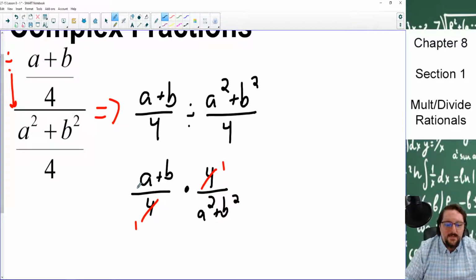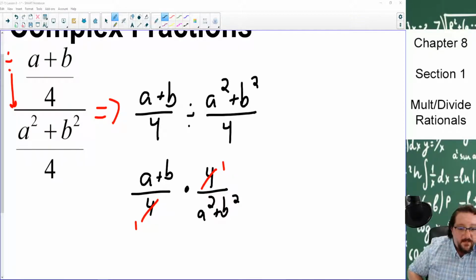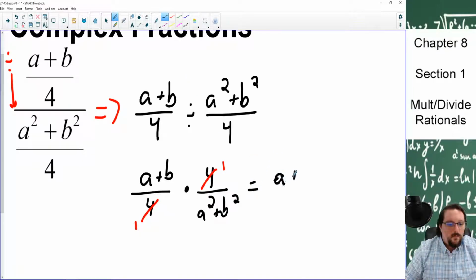I cannot cancel an A from an A and a B from a B when they have this addition symbol between them. They're actually stuck there. So we're just left with, very simply, multiplying straight across, A plus B over A squared plus B squared. And we're done.